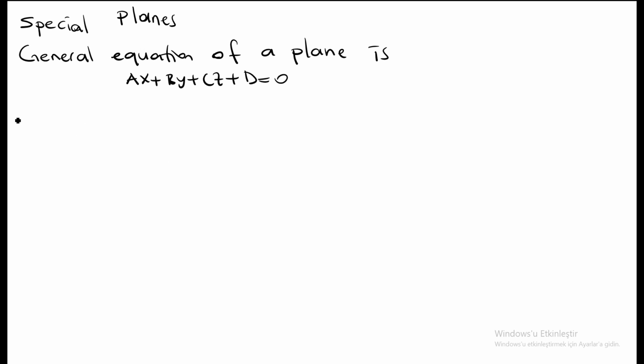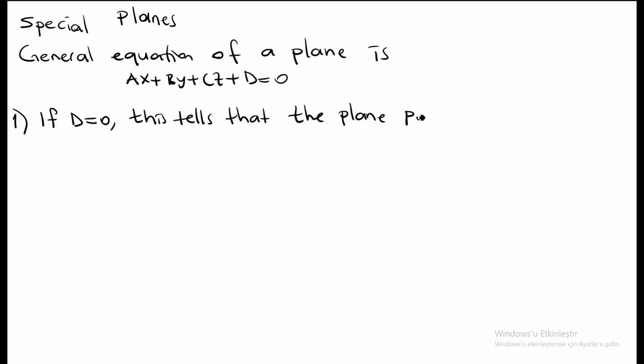Now, first consider this one. If D is 0, this means the plane passes from the origin.